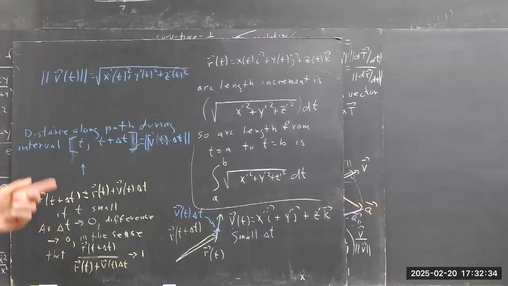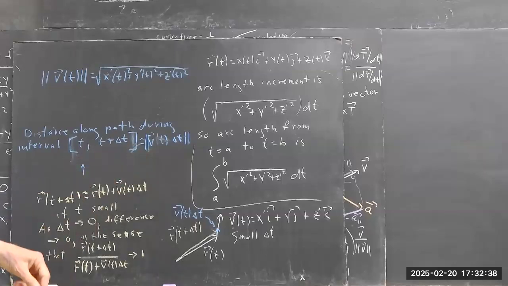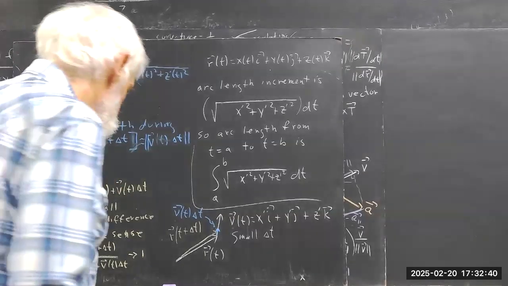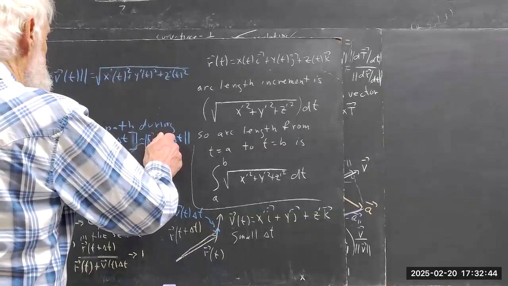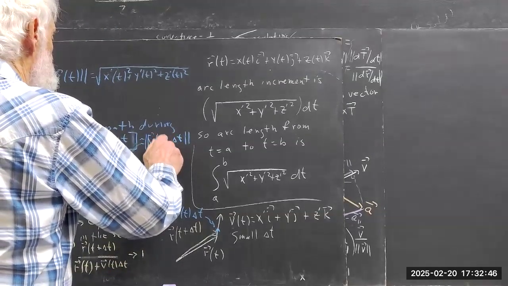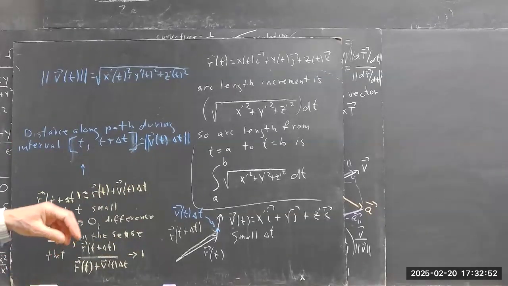Distance along our path during this interval then is approximately equal to v of t delta t, that's really what I'm trying to establish with all this. Okay.